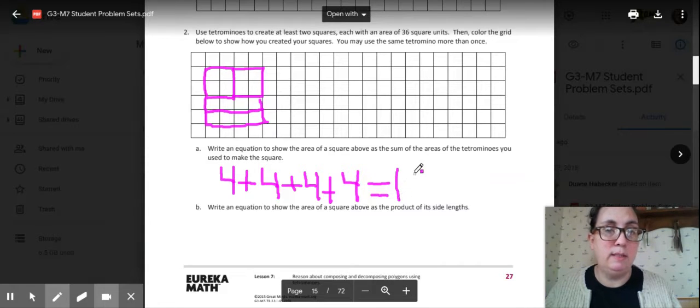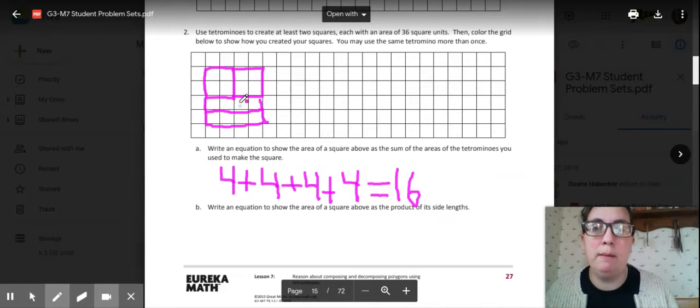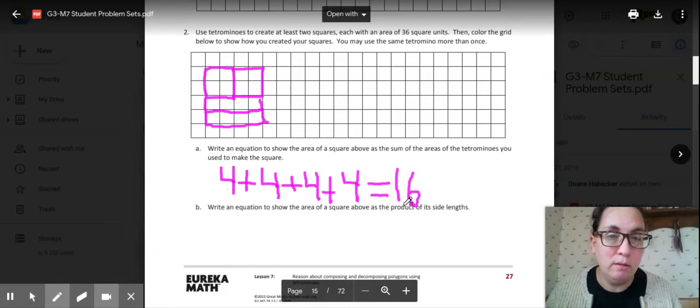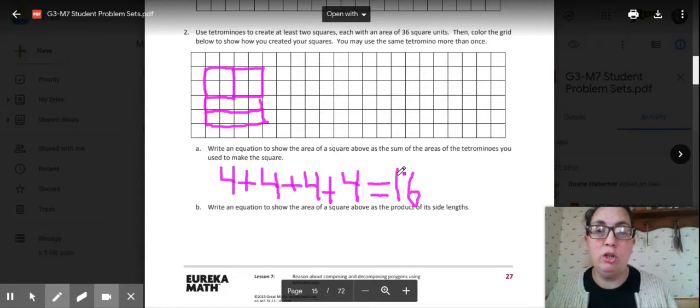It is 16. But that's only for this example. If you did something else, then that would be something different. This equation needs to match one of your squares. So pause your video and write an equation that is repeated addition that would match your square above.